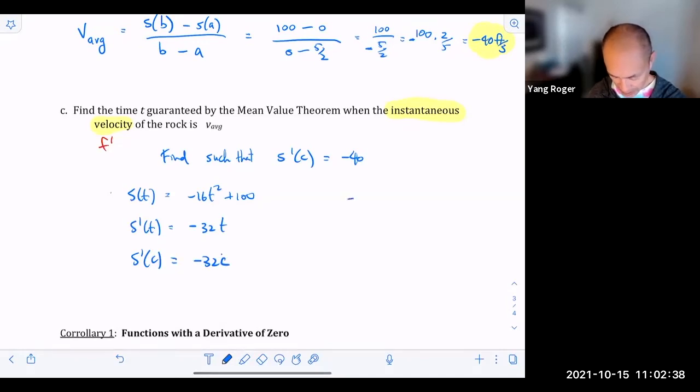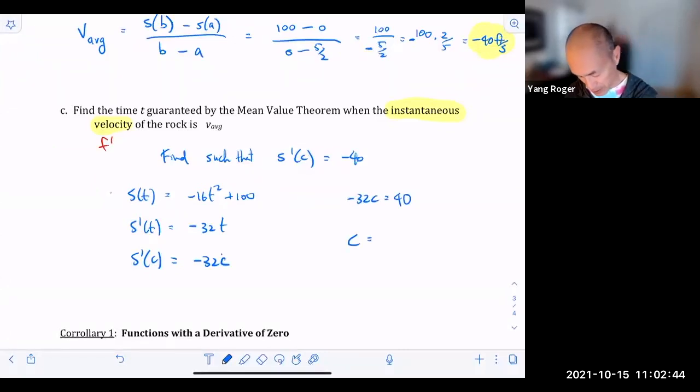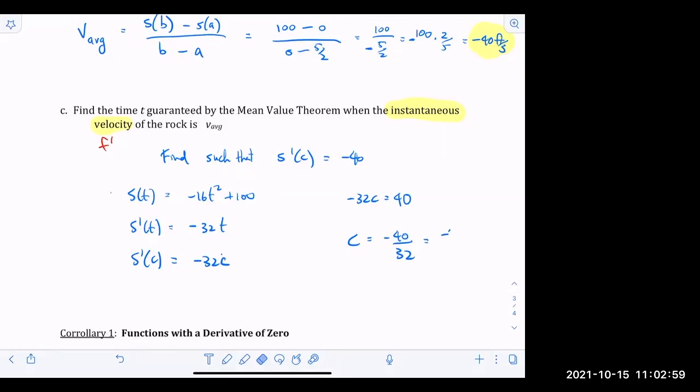So if I have -32c equal to 40, that's going to give me that c is equal to -40 over 32, or negative 5/4.